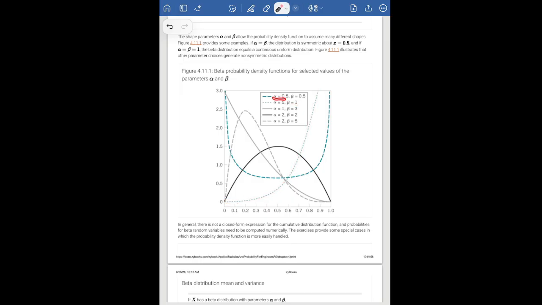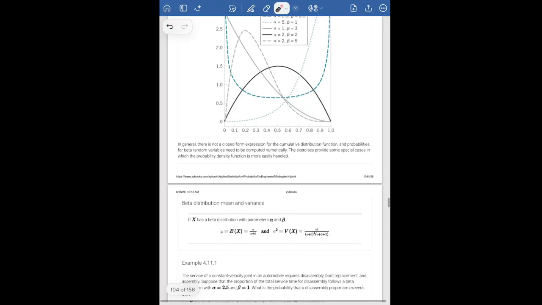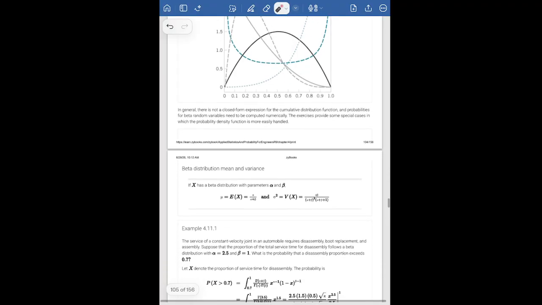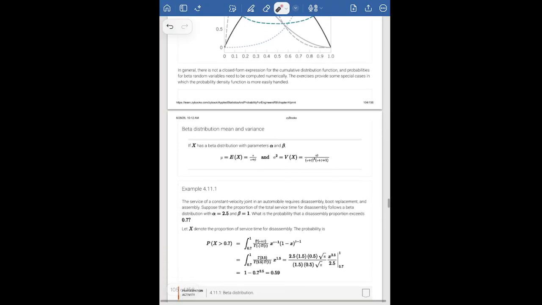But when alpha is equal to 0.5 and beta is equal to 0.5, say both the same, then you have this situation like this. Or alpha is 2 and beta is 5. And seeing how these parameters change the shape of the graph and how it actually gives some insight as to what's going on is critical.